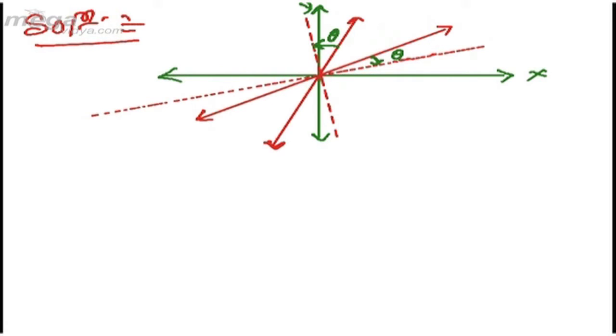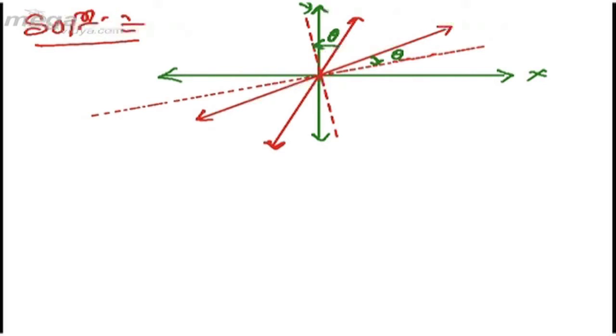So you can see, student, the angle bisector of these two lines will be equally inclined with these two lines, right?